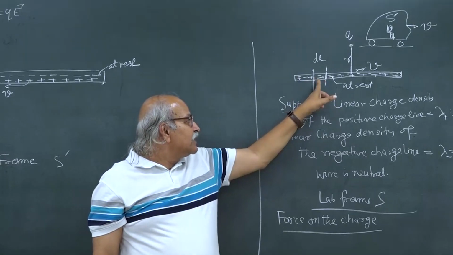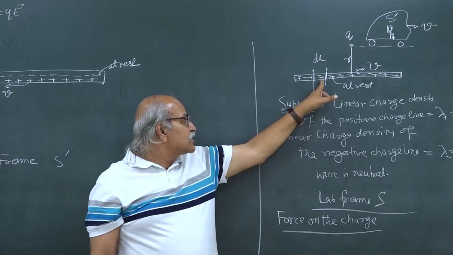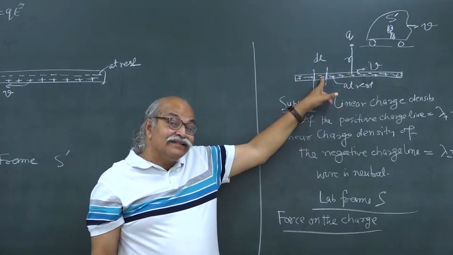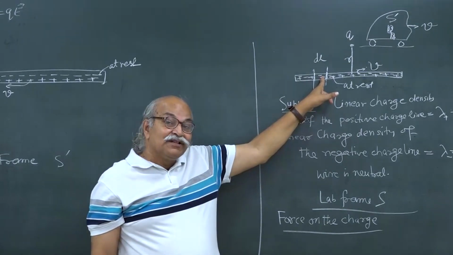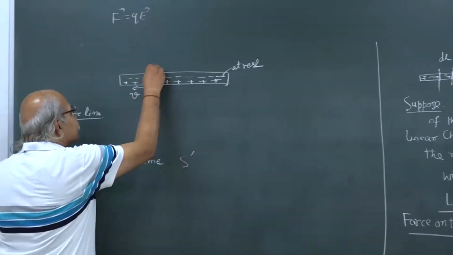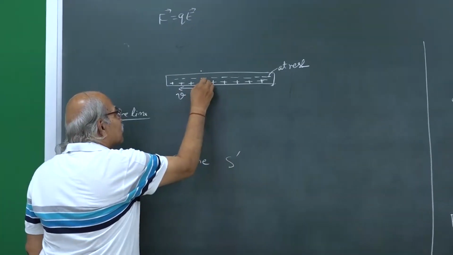For the positive line, the separation here is dl, and the positive line is at rest in S frame, but the positive line is now moving. I am only looking at this positive line.